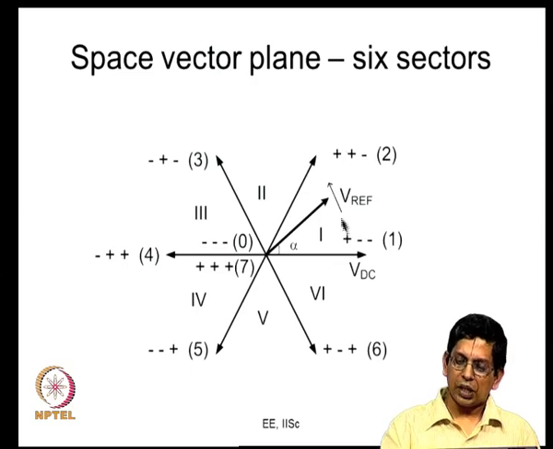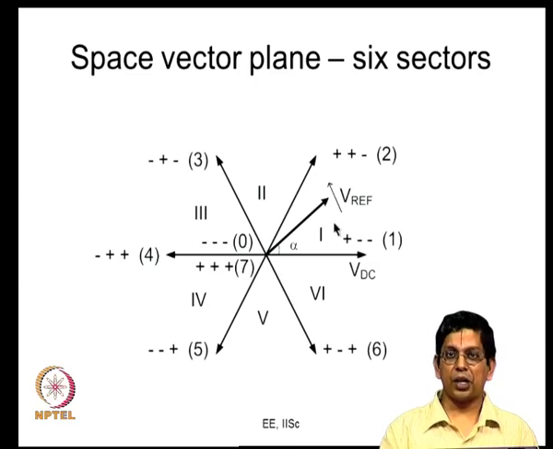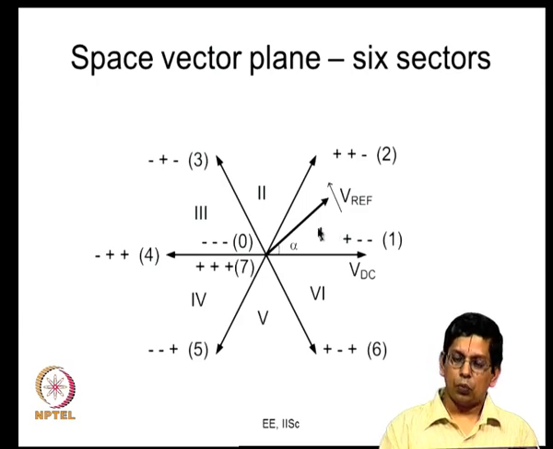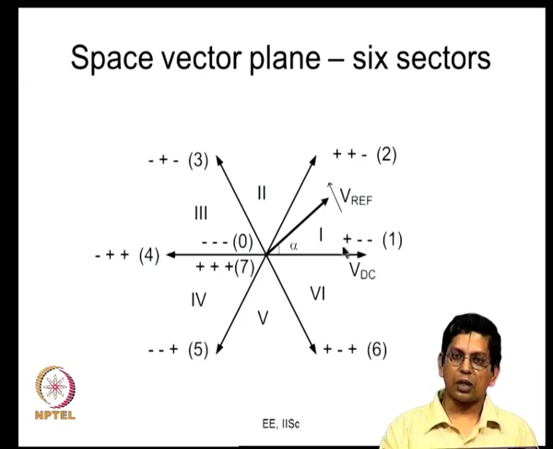Whenever the voltage reference is provided as 3-phase sinusoids, or 3-phase sinusoids with common mode added, you transform those 3-phase sinusoids into the space vector domain, and you will get a reference vector. If that reference vector happens to be in sector 1, you would normally be applying these 2 active vectors, plus minus minus and plus plus minus, and you will be using the null vector. So, we call the region between active vector 1 and 2 sector 1.